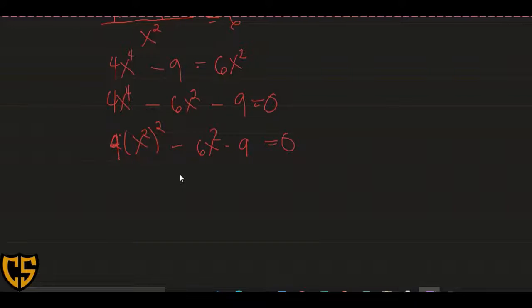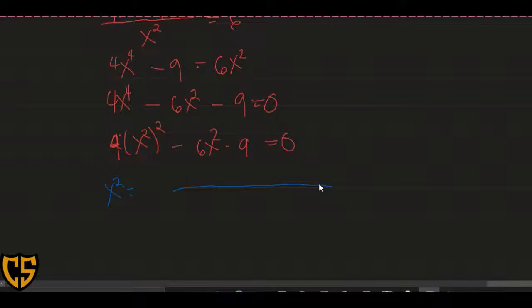To find the value of x squared, x squared is equal to negative b, so negative of negative 6, plus or minus the square root of b squared minus 4ac.